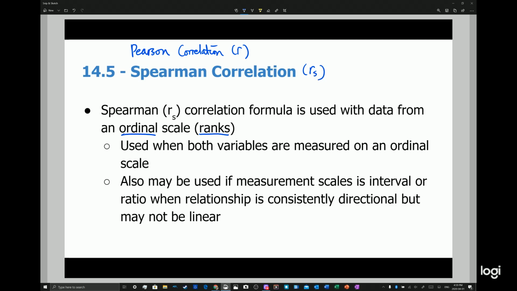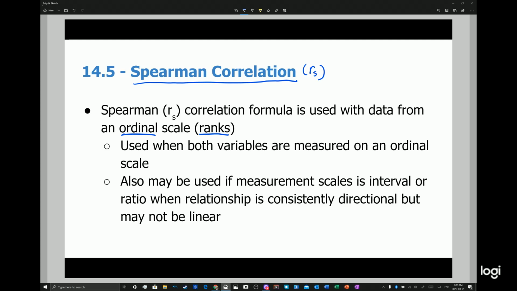Here, ranks. Both of these will be covered in your course, practiced in your worksheet, and assessed in your tests. So right now we're showing you the Spearman. Even I get confused. Spearman correlation coefficient for ordinal scale or ranks.